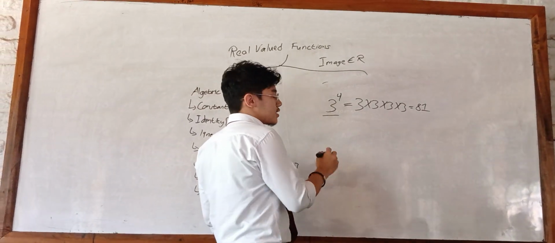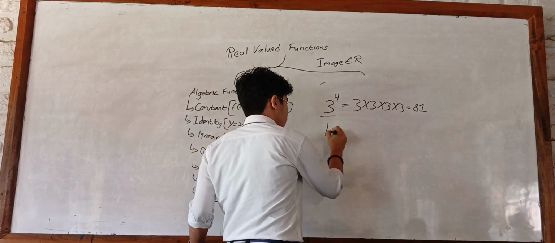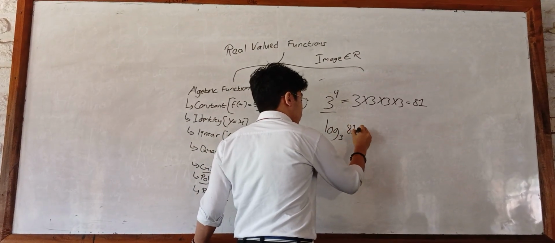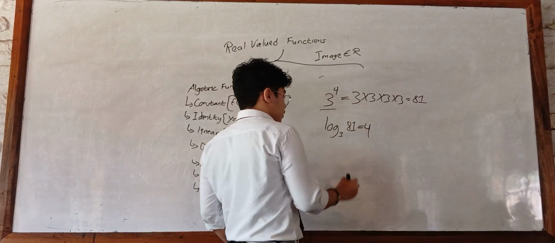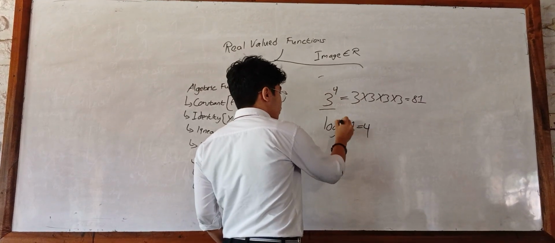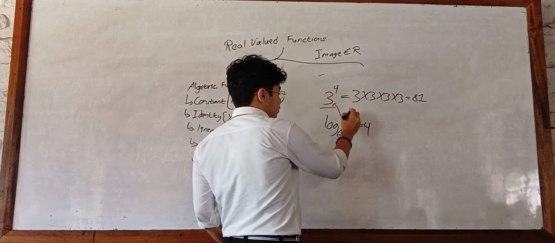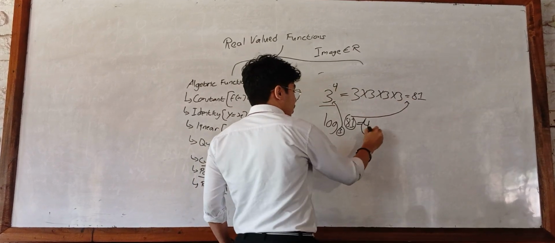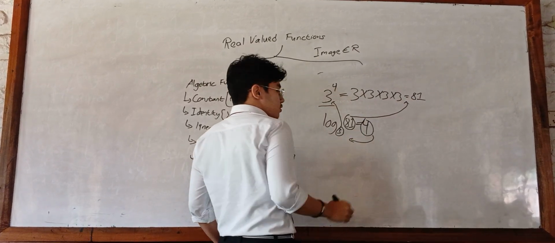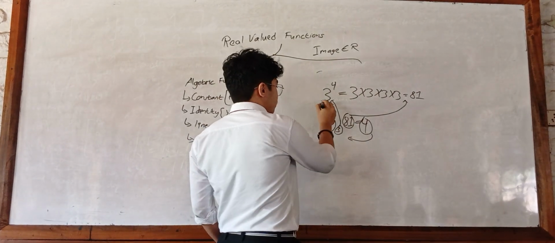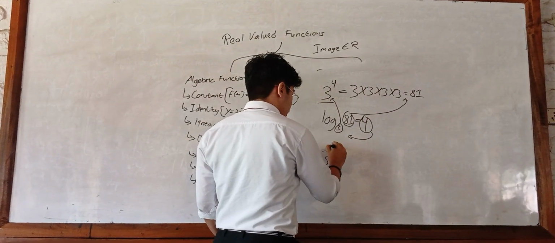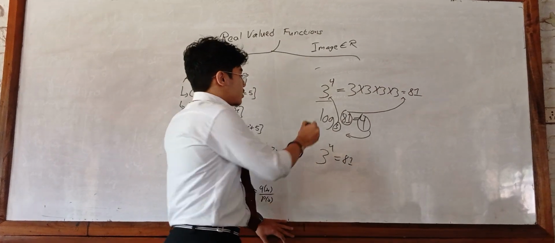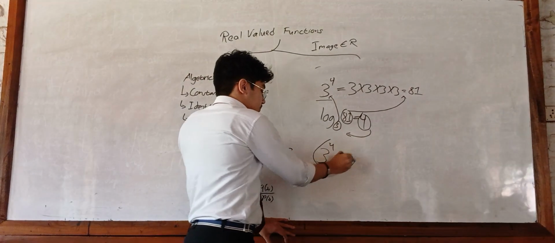When we express this in logarithmic form, we write log base 3 of 81 equals 4. Here 3 is the base to which the power is applied, 81 is the result, and 4 is the power applied to the base. Similarly, the exponential function expresses this term as 3 to the power 4 equals 81.